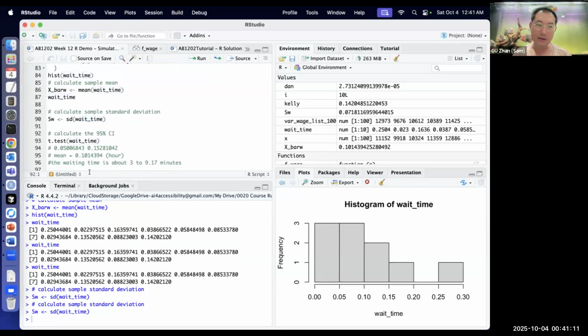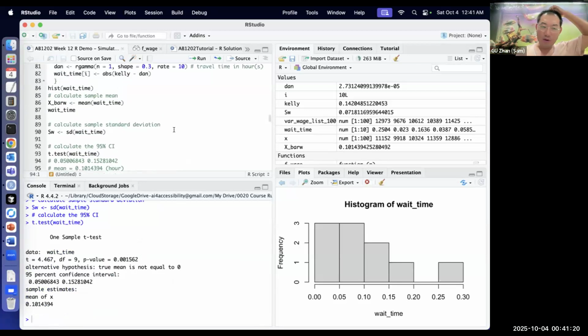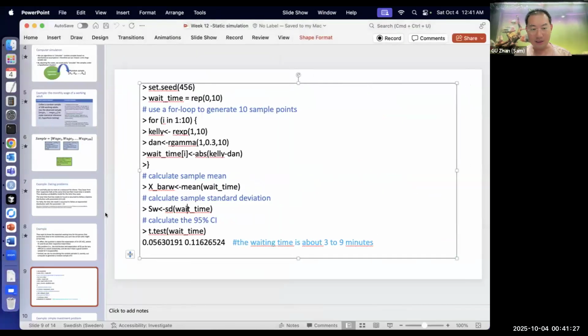SW is 0.07, so never mind, we just use a t-test, supplying these 10 waiting times. The sample size is small, and that's interesting. If you recall correctly, how many samples do you have? You only have 10, right?